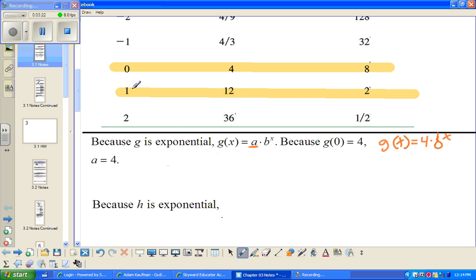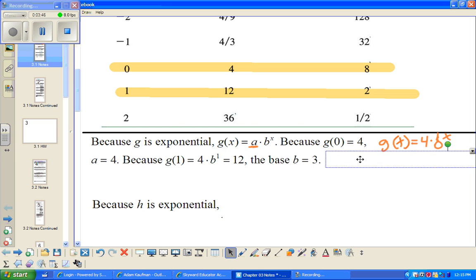It's really nice when you're given x equals 1, because anything raised to the first power is itself. So we're going to plug a 1 in for x and solve for b. Since we know when x equals 1, y, or g of x, is 12, we can quite easily find that b value.